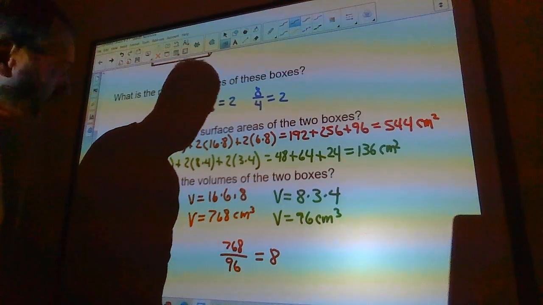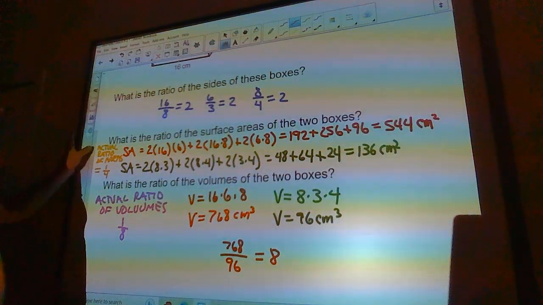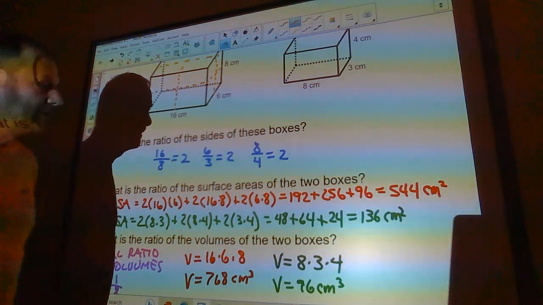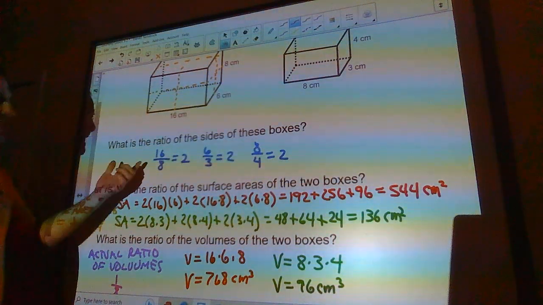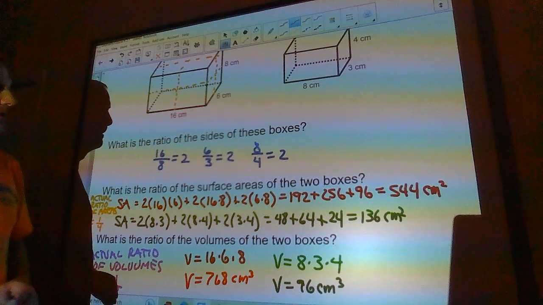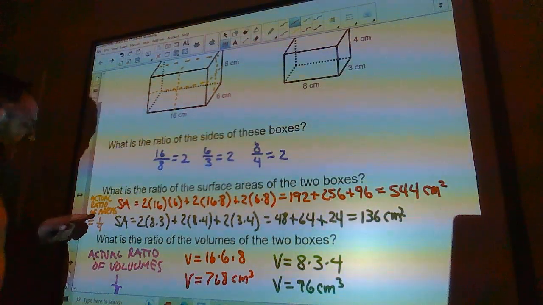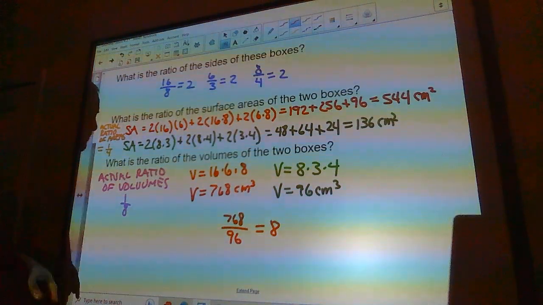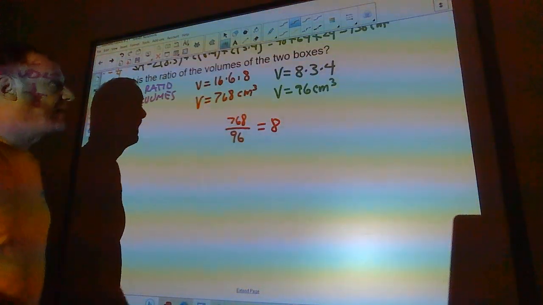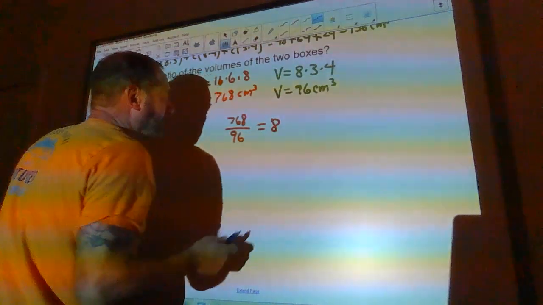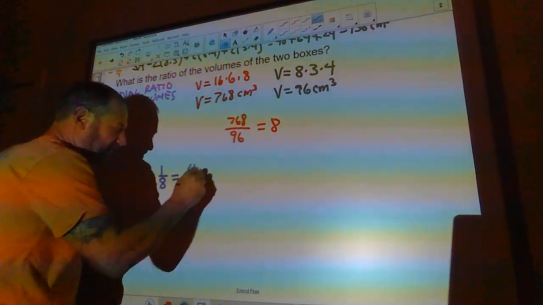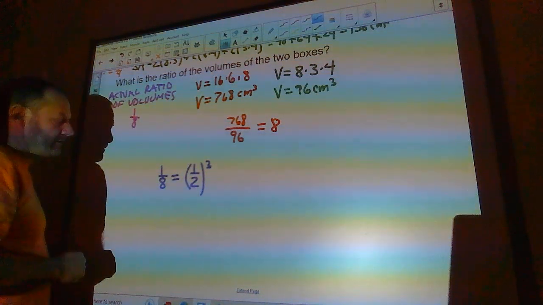Okay. So here's what we did. In summary, we took the box and we made it half as big. That made the edges half as big. It made the areas 1/4 as big, and it made the volumes 1/8 as big. So how does that relate? Well, 1/8 is 1/2 cubed.